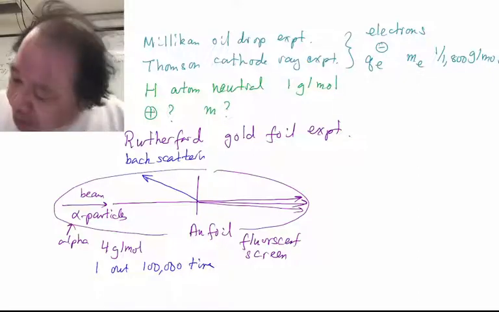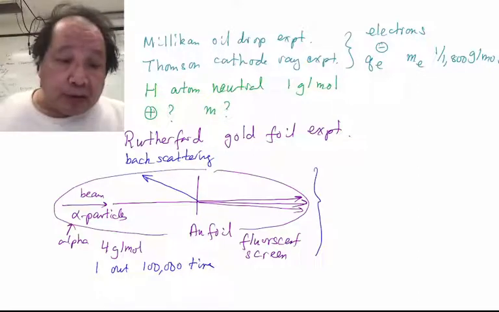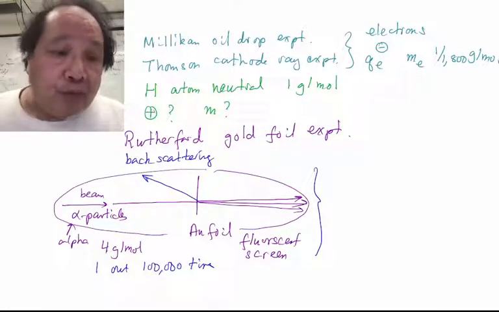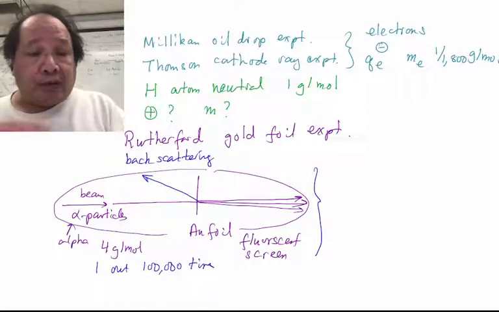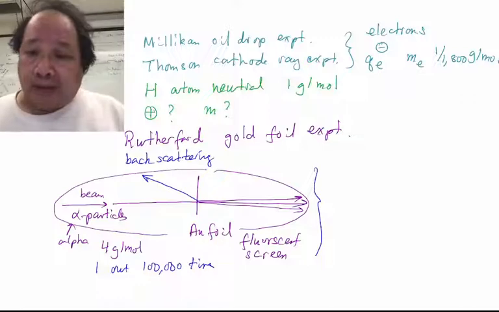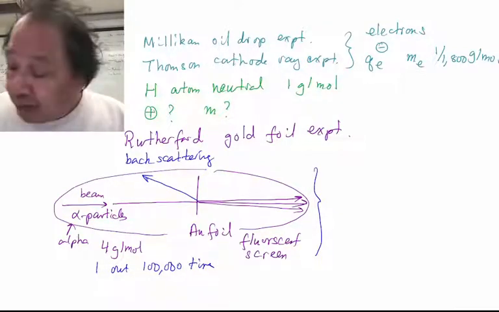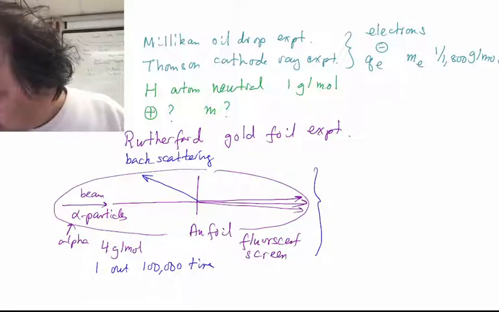And what that means is that the alpha particle, massive as it is, must have encountered something even more massive so that when the alpha particle hits it, it bounces back. The thing that it's hitting must be the missing plus particles.